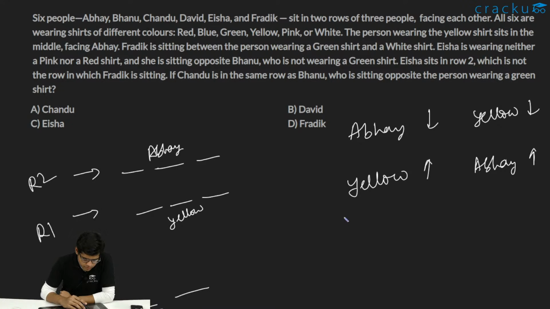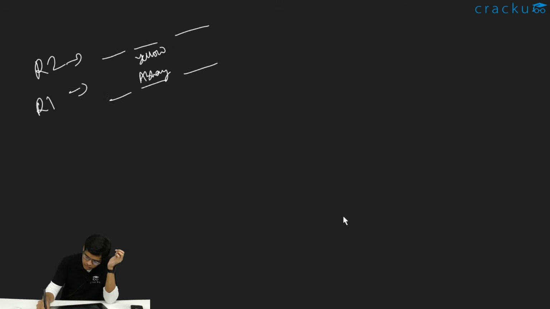Now it is given Frederick is sitting between the person wearing a green shirt and a white shirt, which means Frederick has to be in the middle column for sure, right? Because there has to be one person to the right of Frederick, one person to the left of Frederick, which means the only possible case is that Frederick is here, right?